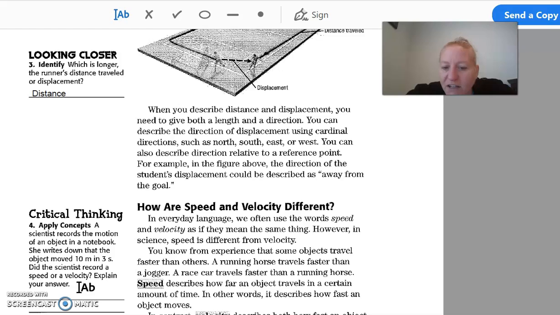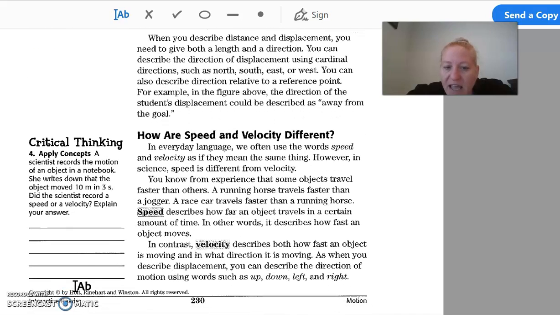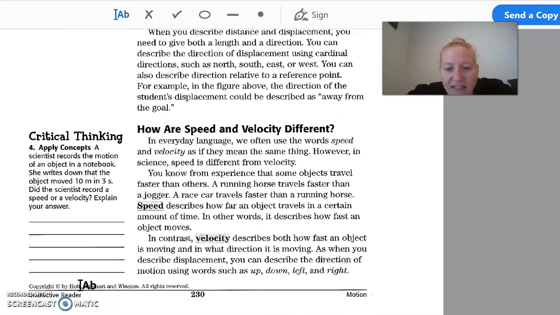Speed describes how far an object travels in a certain amount of time. In other words, it describes how fast an object can move. In contrast, velocity describes both how fast an object is moving and in what direction it is moving. As when you describe displacement, you can describe the direction of motion using words such as up, down, left, and right.